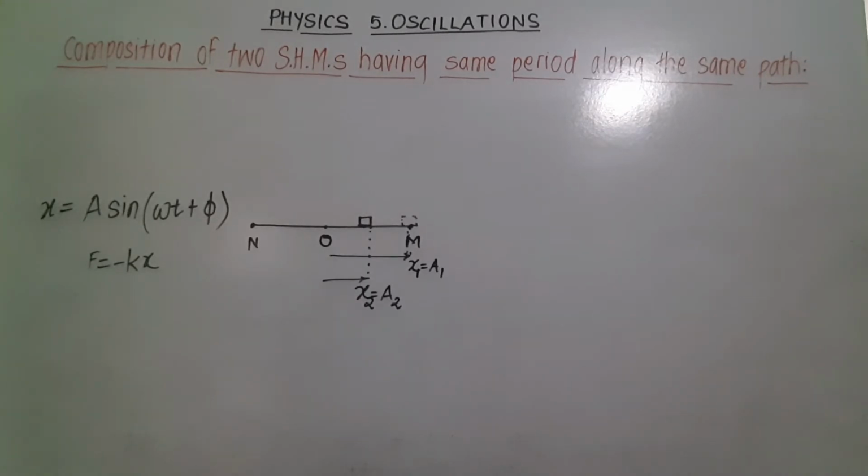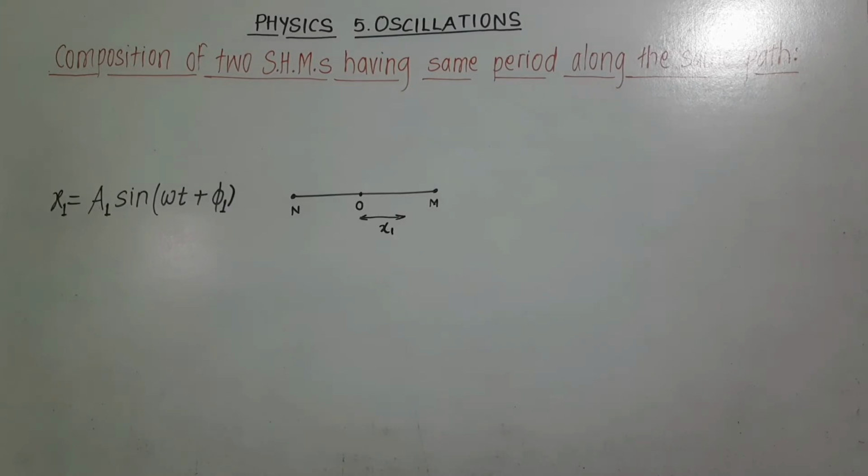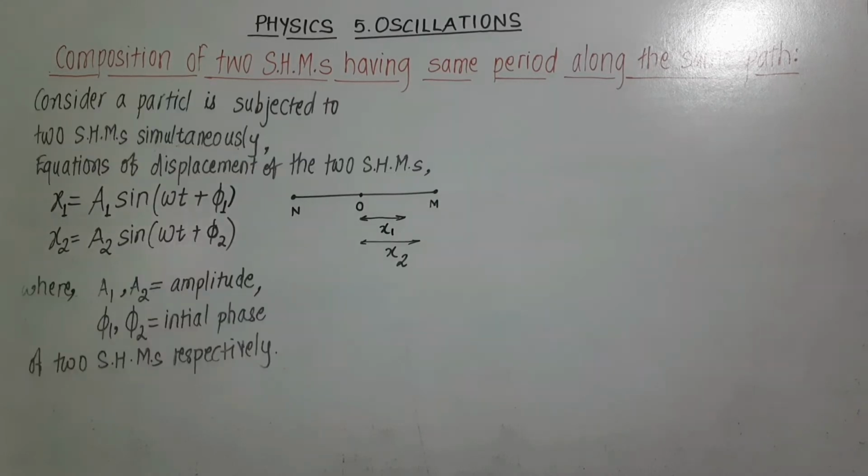In such a case, the equation of displacement is given by x1 = a1 sin(ωt + φ1) for the first SHM, and for the second one x2 = a2 sin(ωt + φ2), where a1 and a2 are their amplitudes respectively and φ1 and φ2 are the initial phases of the two SHMs respectively.